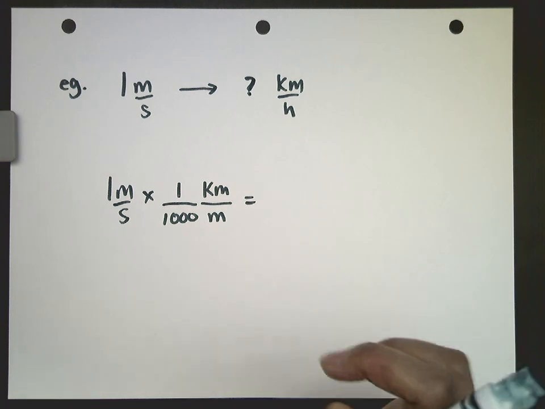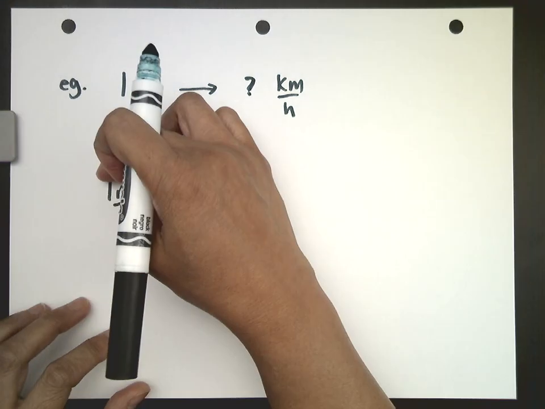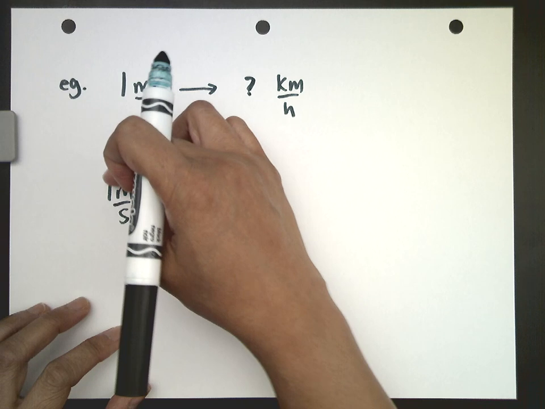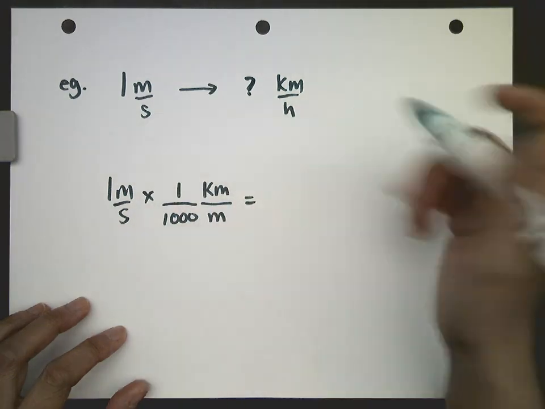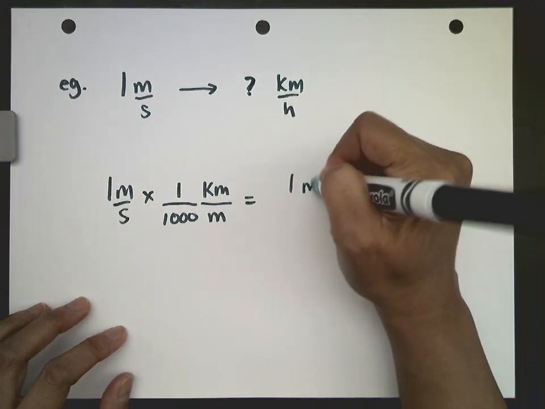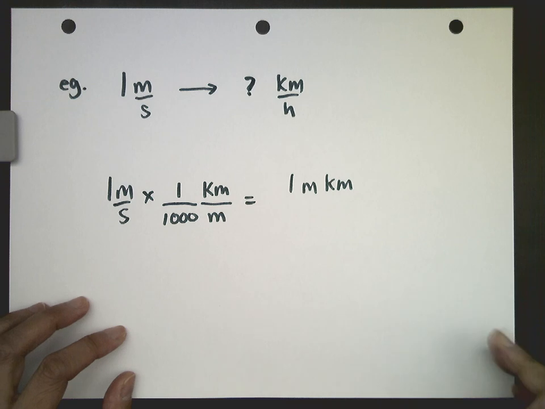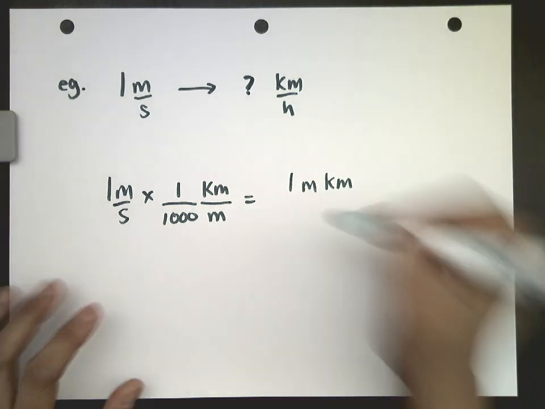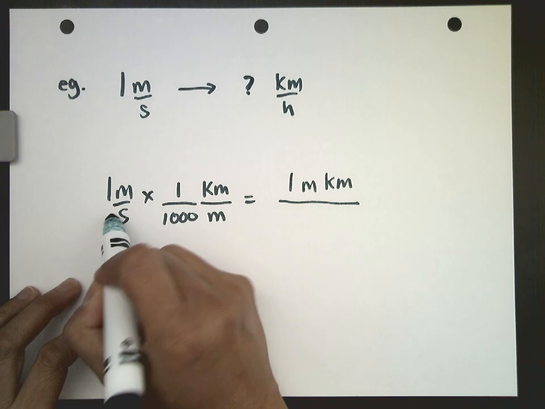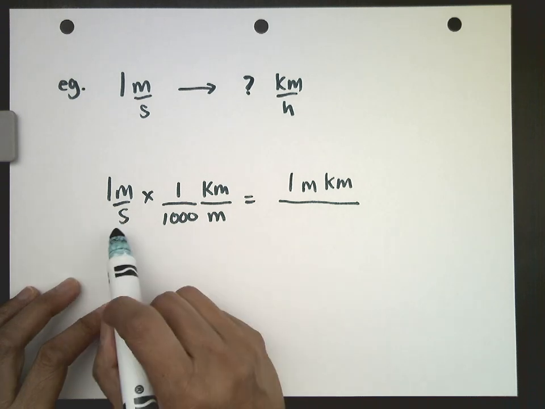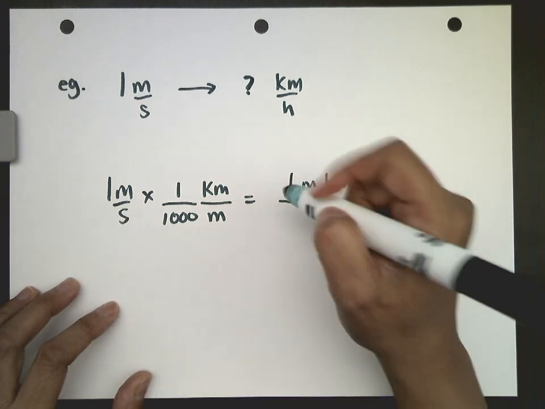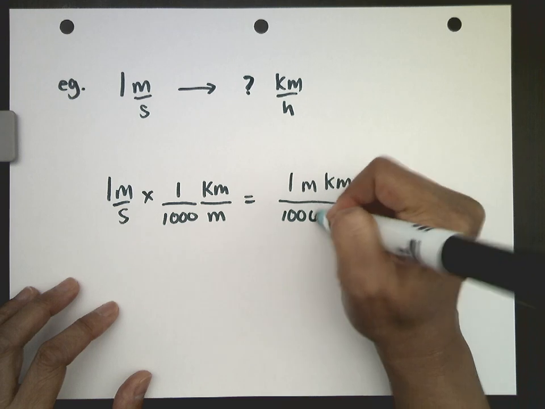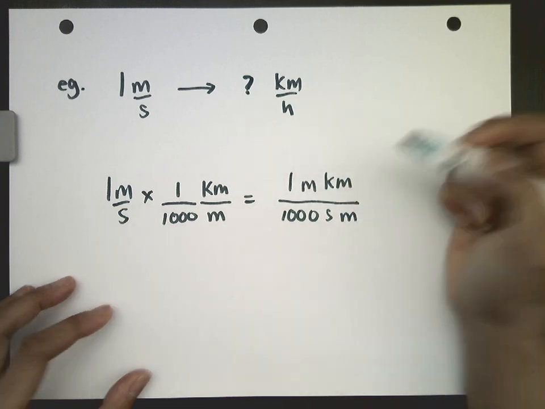And this is what you get. If I multiply 1 meters times 1 kilometers, I'm going to get 1 meters and a kilometer. I know it's a weird unit. This is a step I usually skip. Divided by, this is an imaginary 1 there, seconds times 1,000 meters. So this will be 1,000 seconds and a meter.